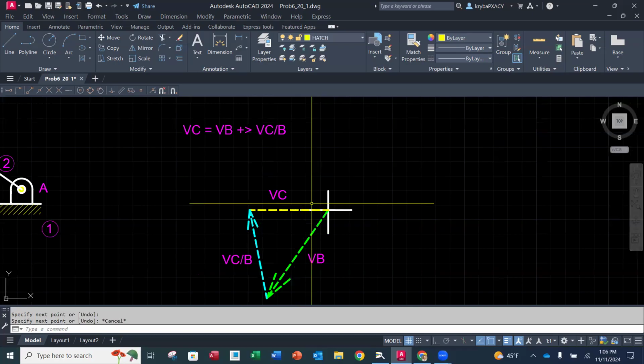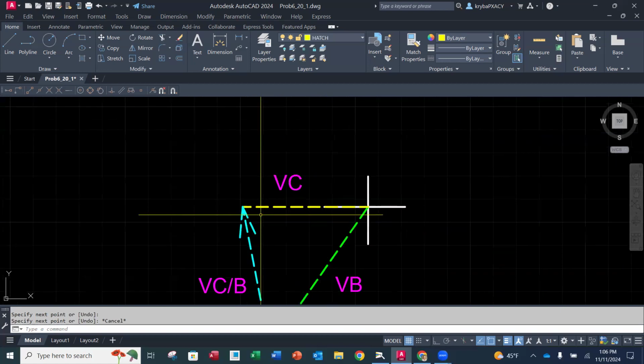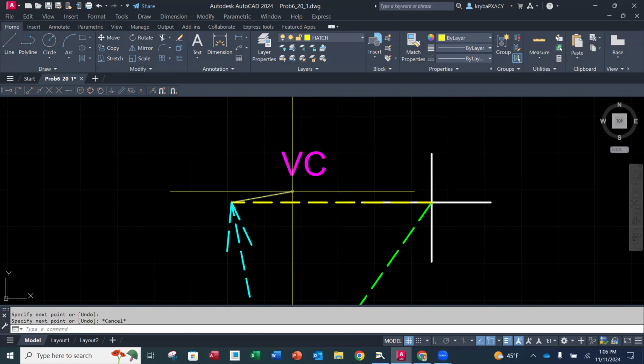Now I'm going to cross the equal sign, which means that the velocity of C, it's all by itself on the left-hand side, and it's the first one. That means its tail is going to start at the origin, and its tip is going to go to the end of the last vector, which is out here. So I'm going to draw then. Oopsie. Oh, I have it on hatch.